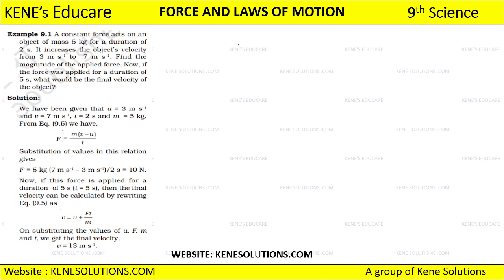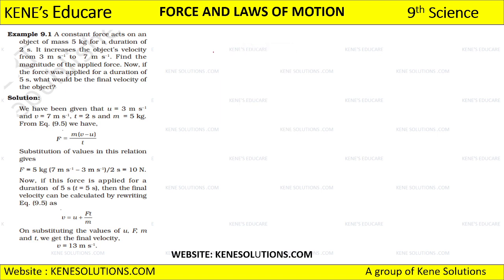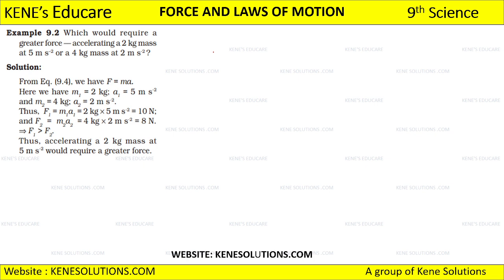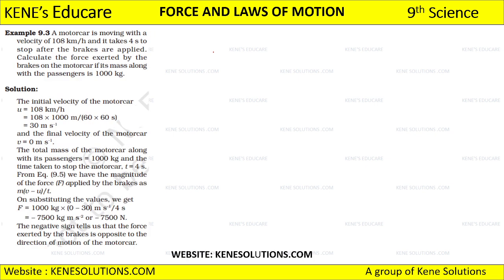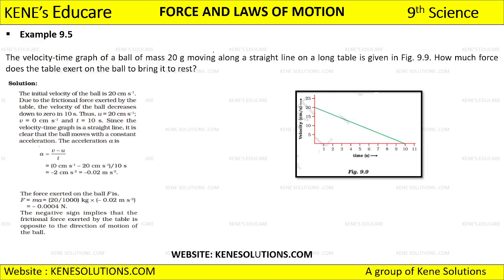Not only one example, there are 2-3 examples given on the screen, like example 9.1, then we have examples 9.2, 9.3, 9.4, 9.5. So total 5 examples on just the second law of motion. Just imagine how important the second law of motion is, right?